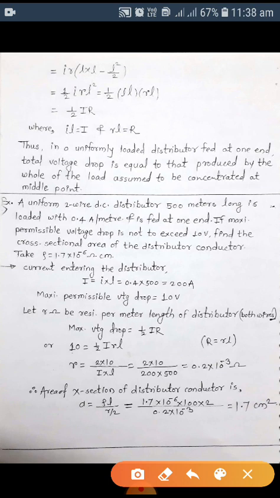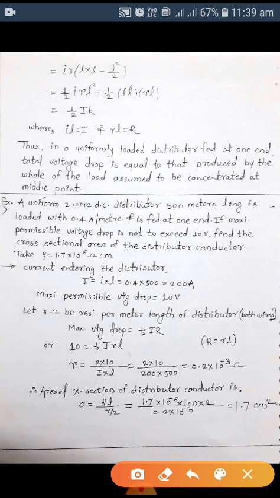Now to solve that example, first of all we need to find the total current entered into the distributor from point A. So capital I equal to i into L. Value of i is given as 0.4 multiplied by length of distributor 500 meter, it becomes 200 ampere.